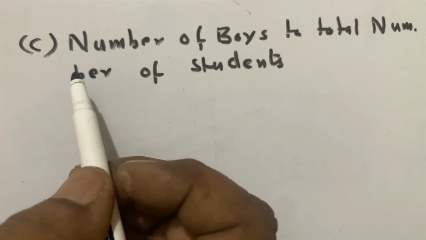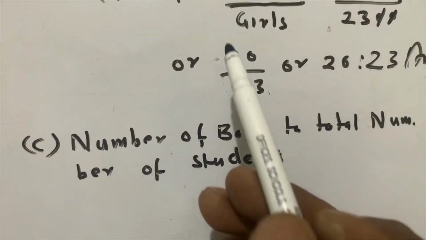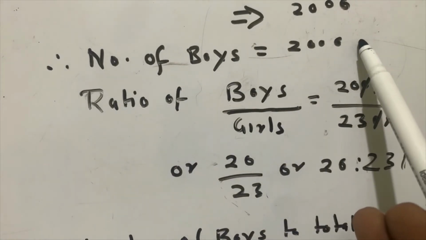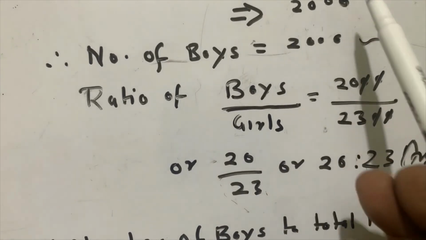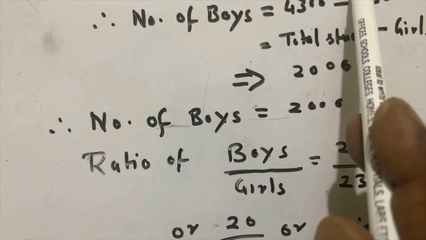Question number 10, part C: number of boys to total number of students. Now we know that the number of boys is 2000 and total students 4300.